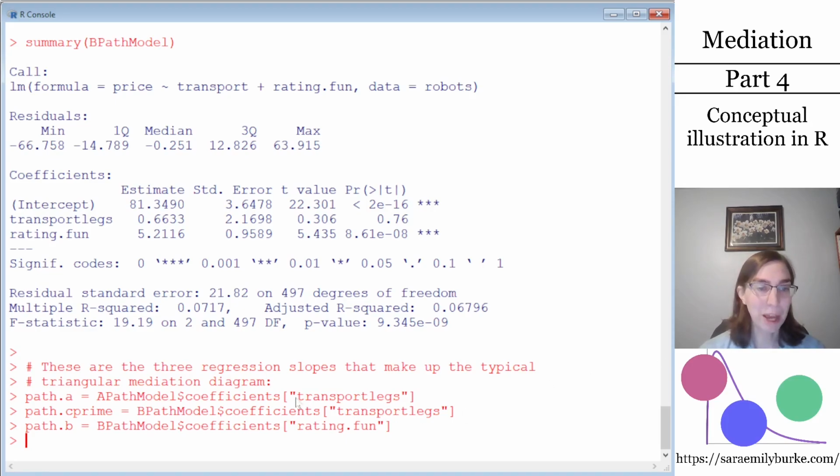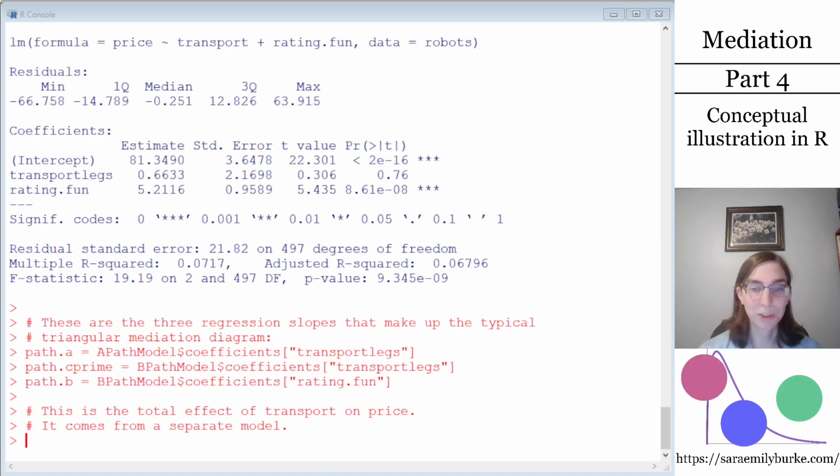So the A path is the slope of transport legs from the model where transport legs is predicting fun. The C prime path is the slope of transport legs from the model where transport legs and fun are predicting price. And the B path is the slope of rating fun from that last model, this number right here.